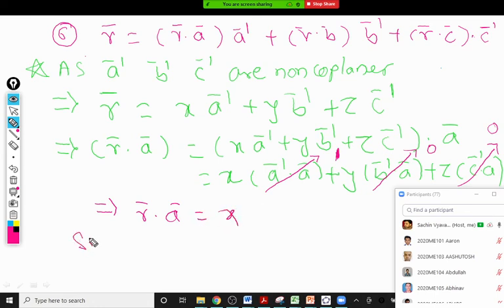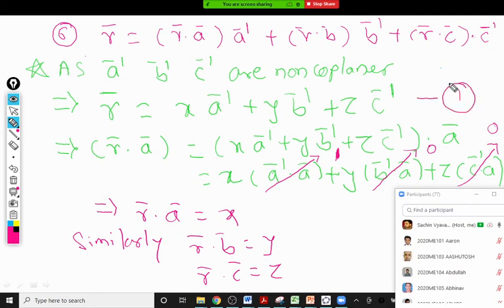Similarly, you can write this in the exam also: r dot b is y and r dot c is z, and that's the proof. Just replace these values of x, y, z in equation 1. Therefore, equation 1 becomes the answer.